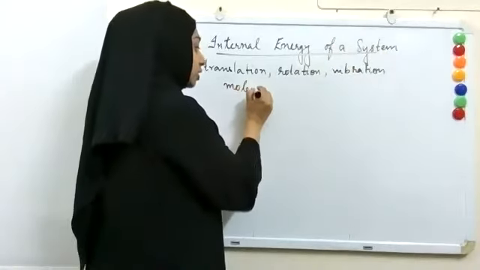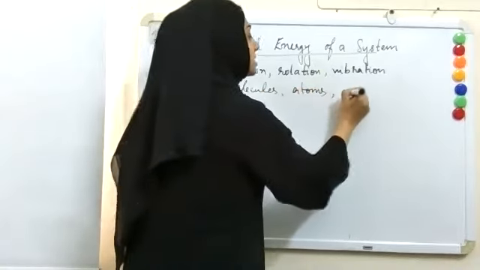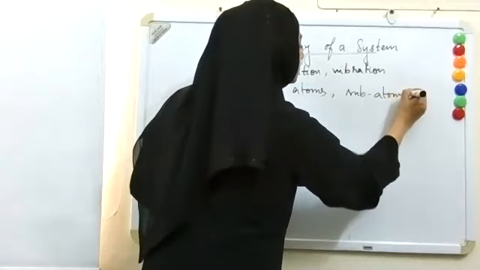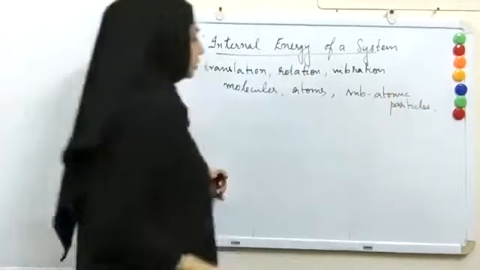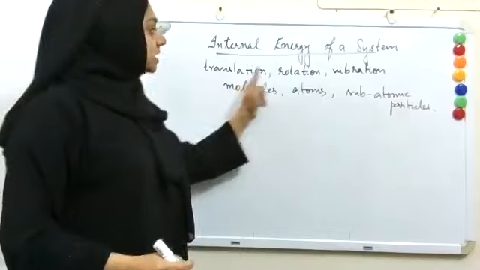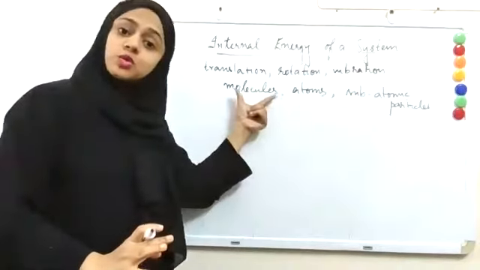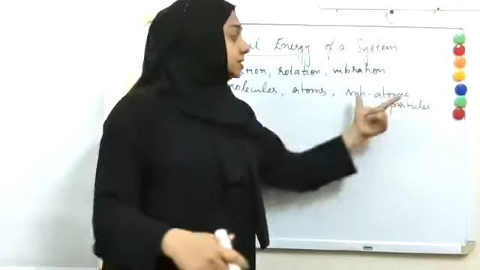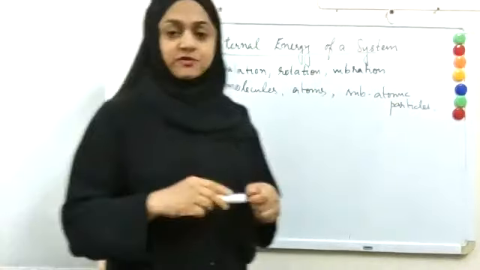There can be molecules, there can be atoms, there can be subatomic particles. So it's due to the translational, rotational, and vibrational motions of all molecules, atoms, and subatomic particles in a system. So that's called internal energy of a system.